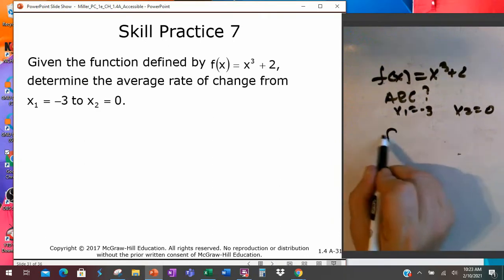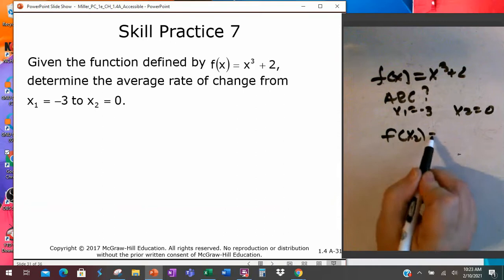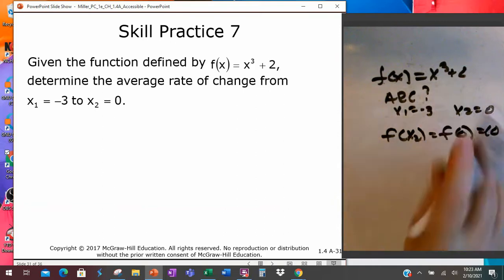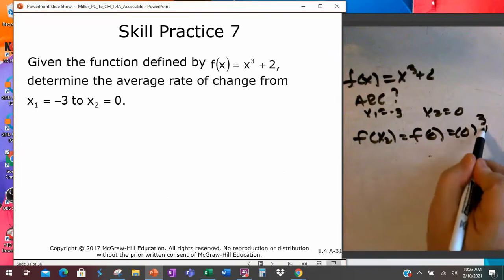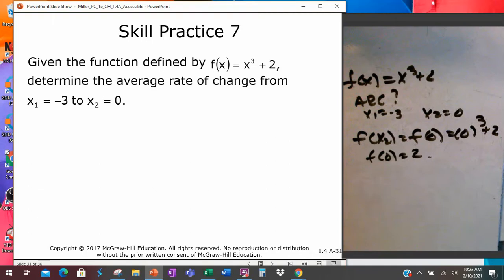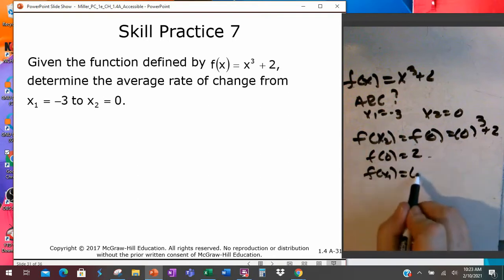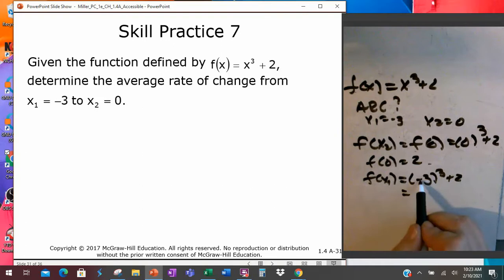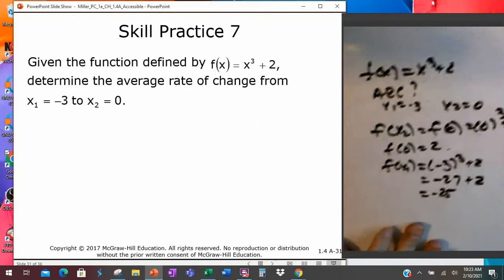I need the value of the function at x2, which is f of 0, and by that rule, 0 cubed plus 2, so f of 0 is 2. F of x1 would be -3 cubed plus 2. -3 times -3 is 9, times -3 is -27, plus 2, and that would be -25.